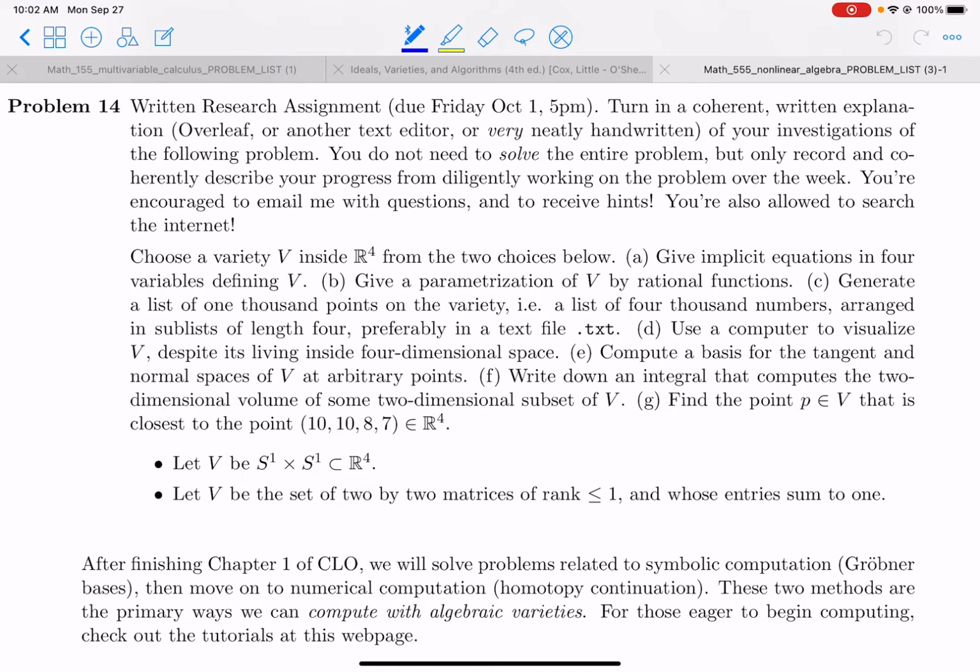So now what's S1 cross S1? The Cartesian product will always just be x, y, A, B, and then you make A, B satisfy the same thing. So let me write it down.